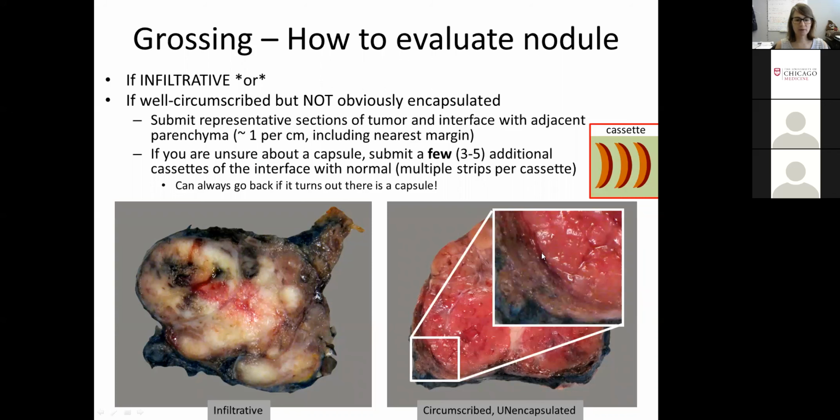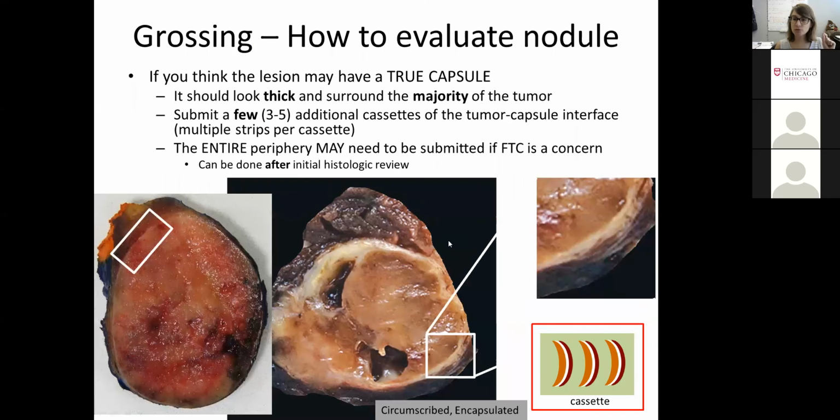Here's an example of a lesion that is circumscribed but unencapsulated. There is no white fibrous band. On the next slide, you're going to see true capsules. So these are nodules that have white fibrous bands at the edge. These arguably are true capsules. So in this case, if you see a true capsule, you can submit even more additional cassettes of that tumor capsule interface.